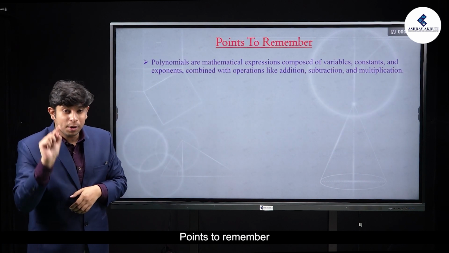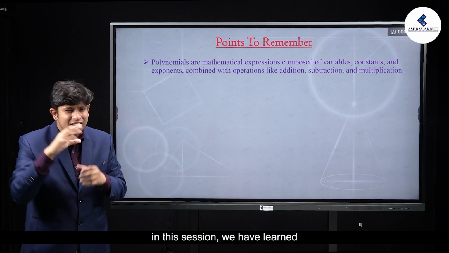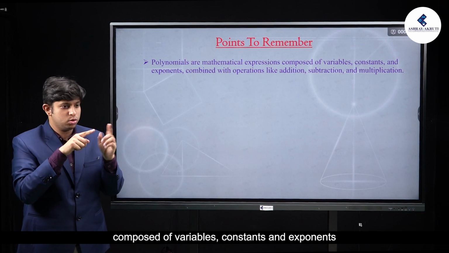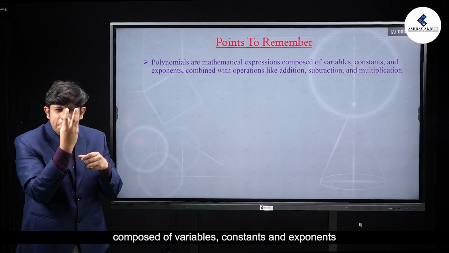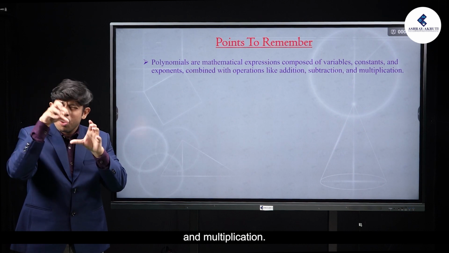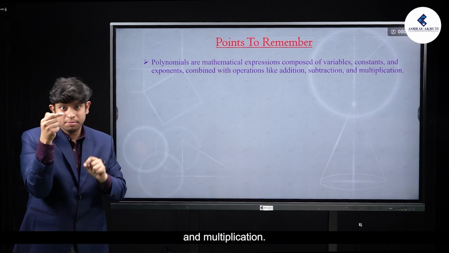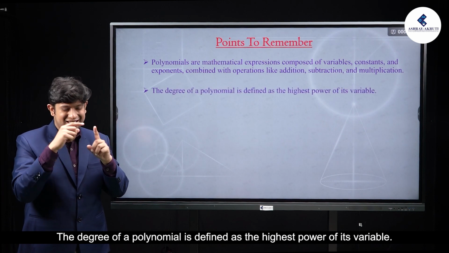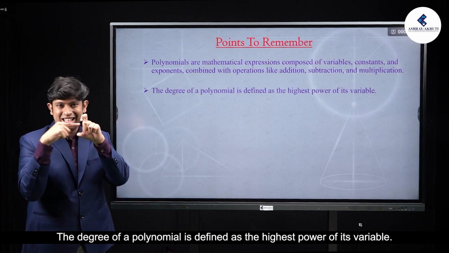Points to remember. In this session, we have learned polynomials are mathematical expressions composed of variables, constants and exponents, combined with operations like addition, subtraction and multiplication. The degree of a polynomial is defined as the highest power of its variable.